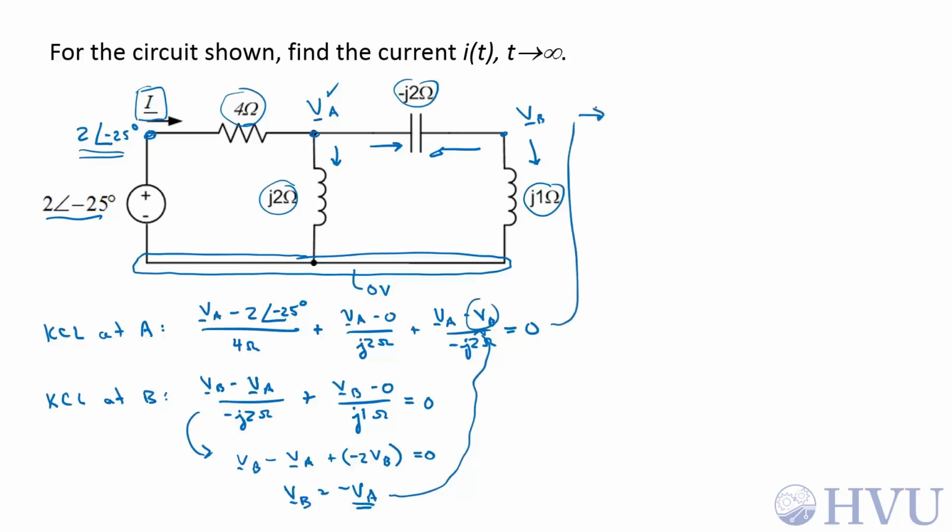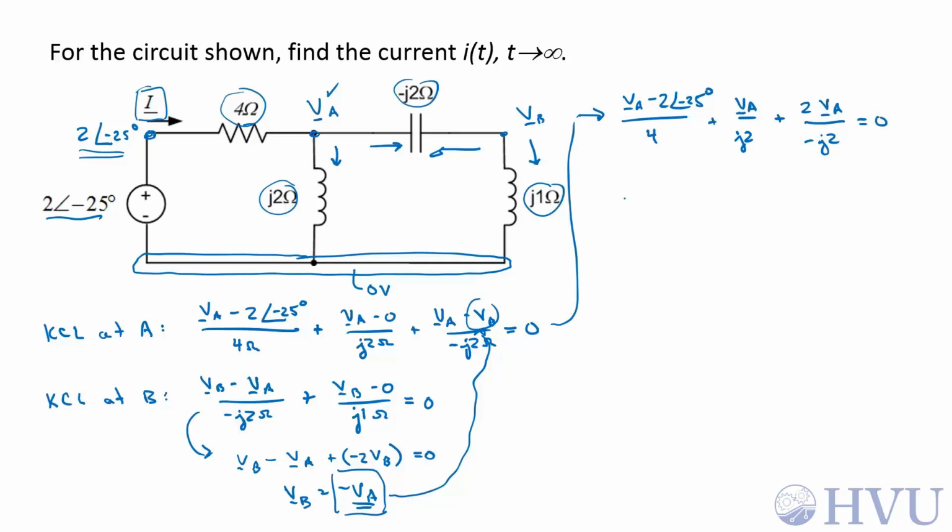So this equation becomes V sub A minus 2 at an angle of minus 25 degrees over 4 plus V sub A over J2 plus V sub A minus V sub B, with V sub B meaning negative V sub A, turns out to be 2 V sub A over minus J2, and I forgot my phasor notation there, is equal to 0.